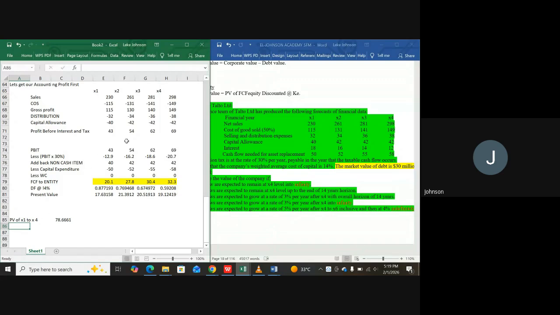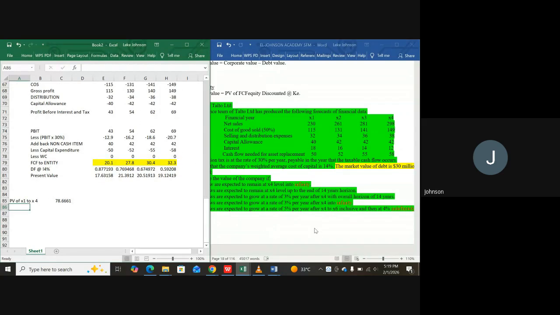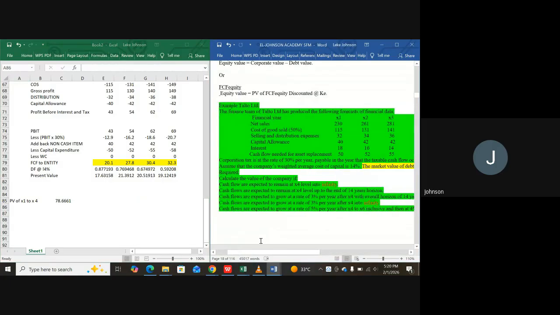Then they went further to tell us that this is a perpetuity because number one, they say cash flows are expected to remain at X4 level into infinity. So what is the cash flow they are referring to?